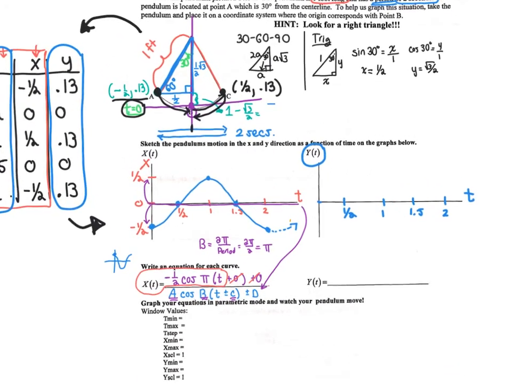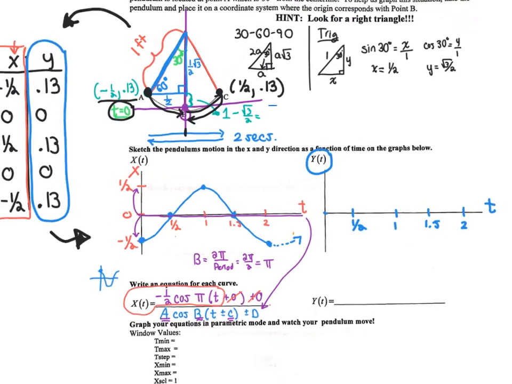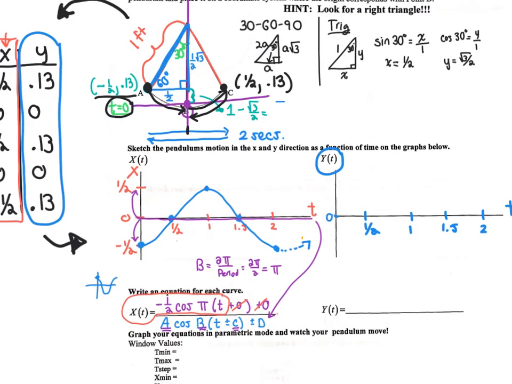Then when we start plotting our points, our y values are only going up to actually 0.13. So we go 0, our highest point is 0.13, and we don't have any negatives. So if we plot this, starting at 0, we were at 0.13.